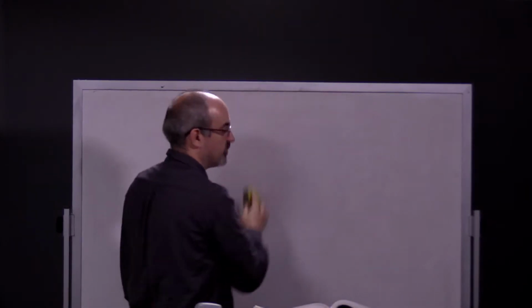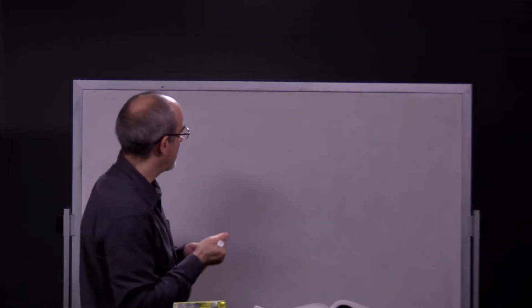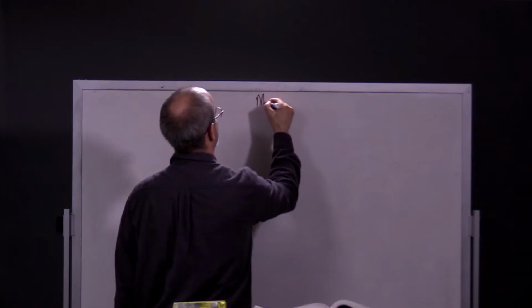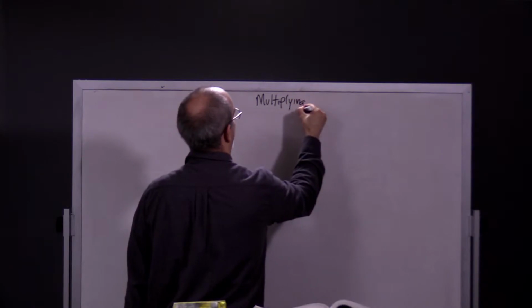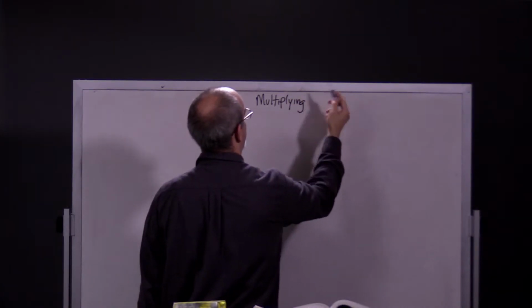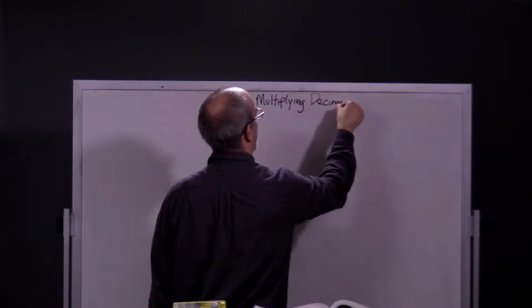Alright, so multiplying. When you multiply you really don't have to line up the decimals, but I guess it's pretty normal to still line them up. Let me see if I'm right.